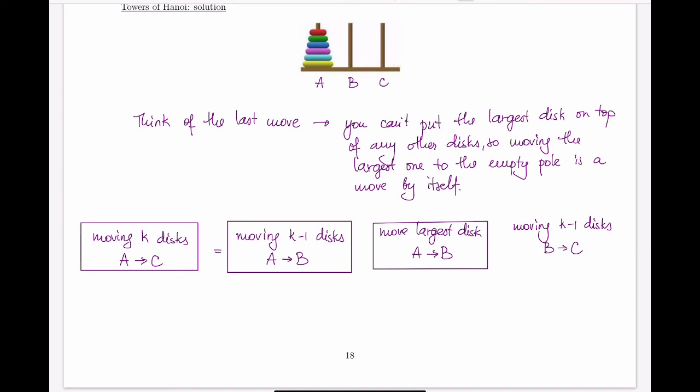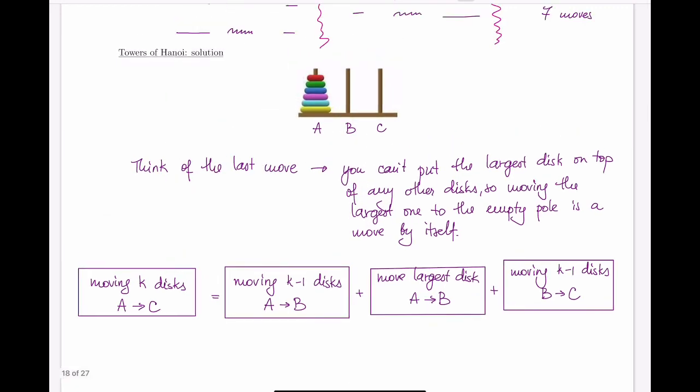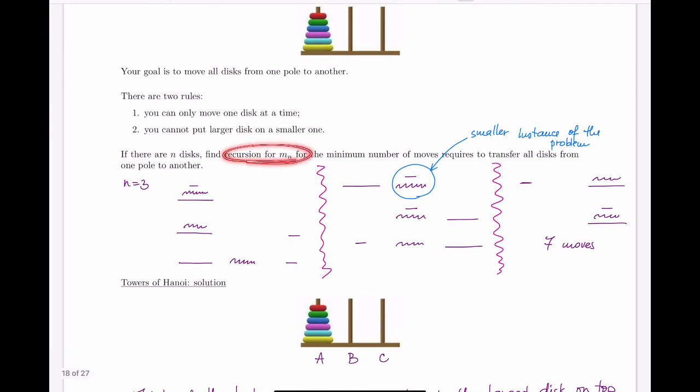So the total number of ways to move K disks from A to C is the number of ways to move K-1 disks from A to B, plus move the largest disk from A to C, plus move the other remaining K-1 disks from B to C. Now we actually have to think of what are the corresponding numbers. Remember that we've defined an actual function for the recursion. M sub n is the minimum number of moves required to transfer n disks.